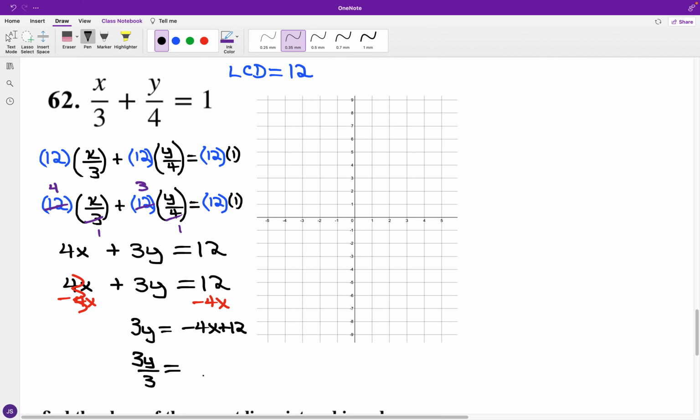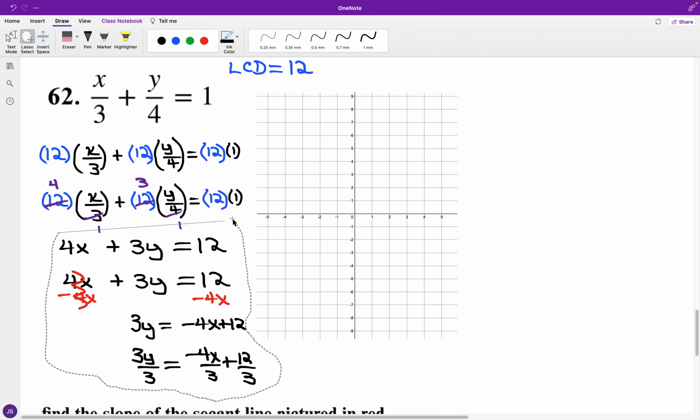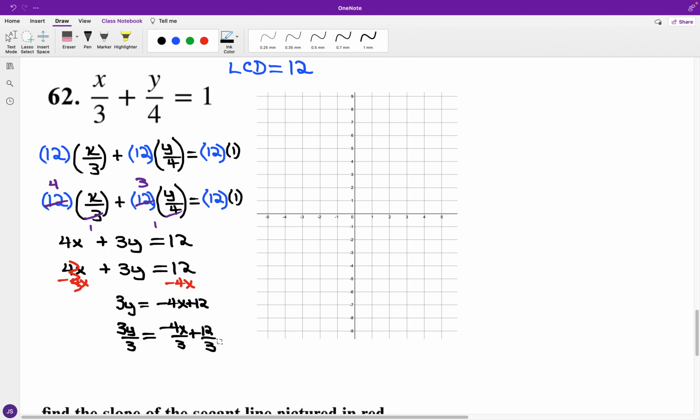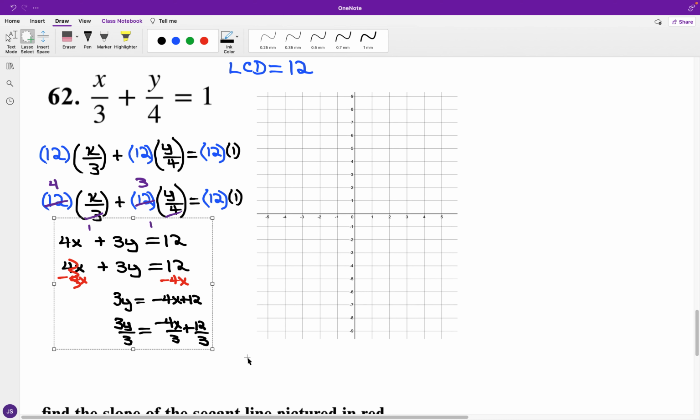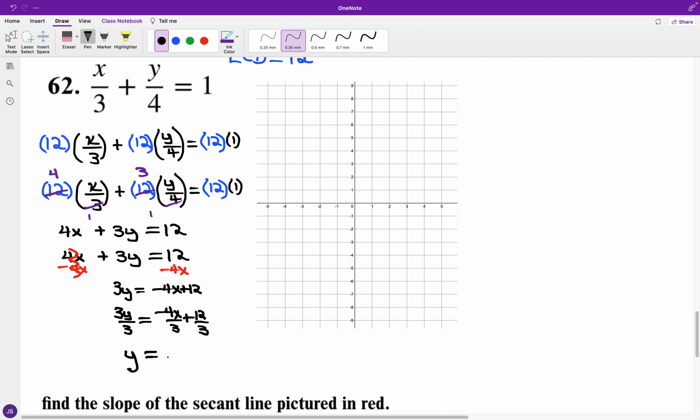And we have division by 3. So 3y over 3 is going to become y. And for the x term, we have y is equal to -4/3 of x. And 12/3 is going to be 4.